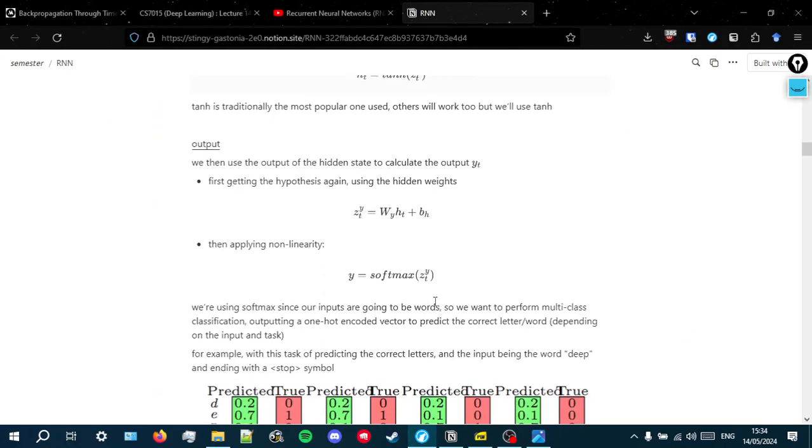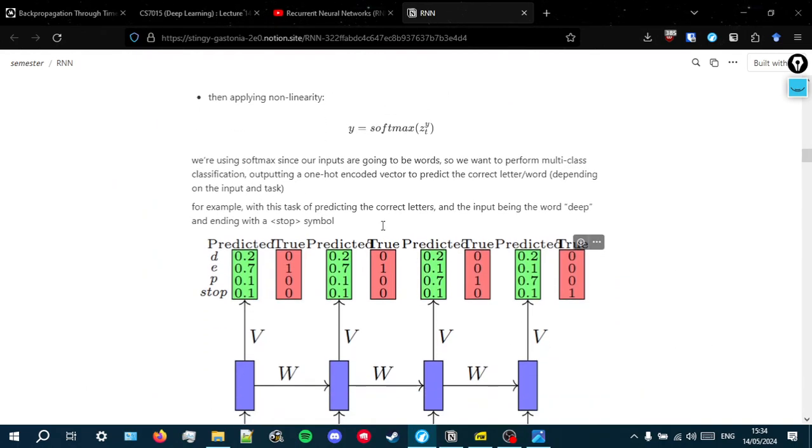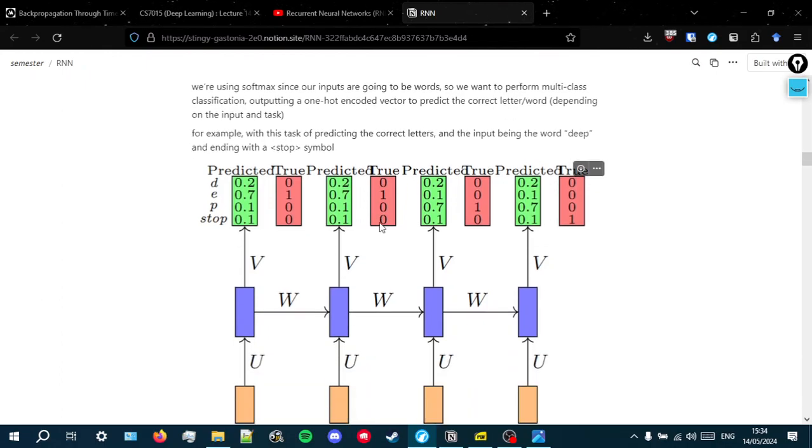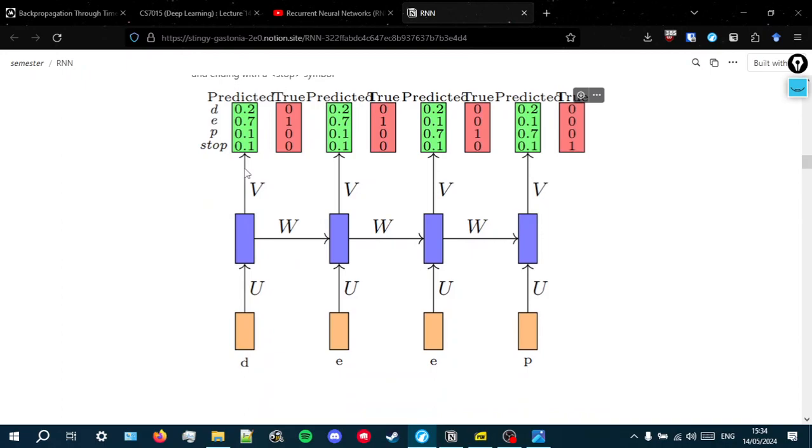It may already be intuitively apparent, but we're trying to predict a word from a vocabulary at each time step. So the vocabulary is going to be a whole bunch of words or a whole bunch of letters, for example. Like here in this example, we're trying to predict each letter in a word, and we're inputting the word deep, D-E-E-P.